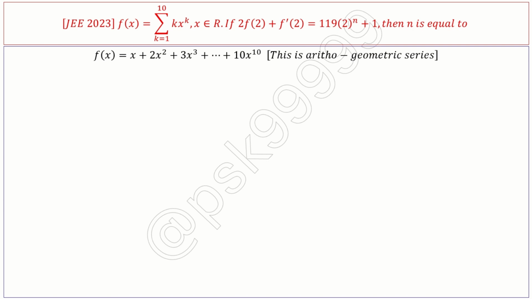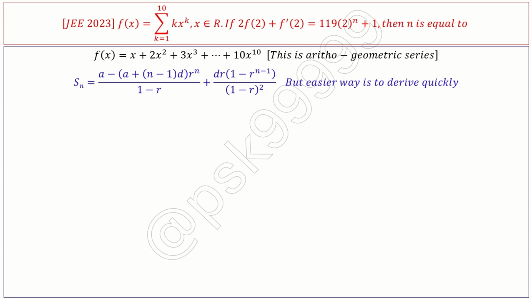Because the coefficients are in arithmetic series, and the x terms are in geometric series. The term is a product of arithmetic and geometric series. Correct. So if you know the formula for the sum of this, this is the sum. If you want, you can remember it.